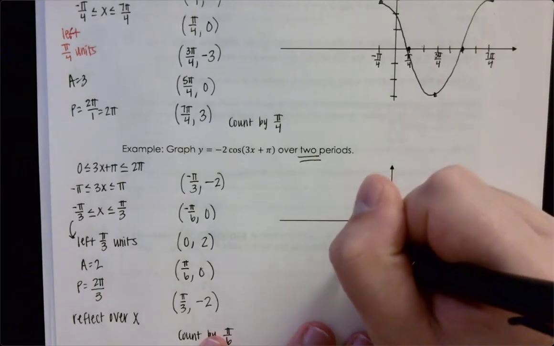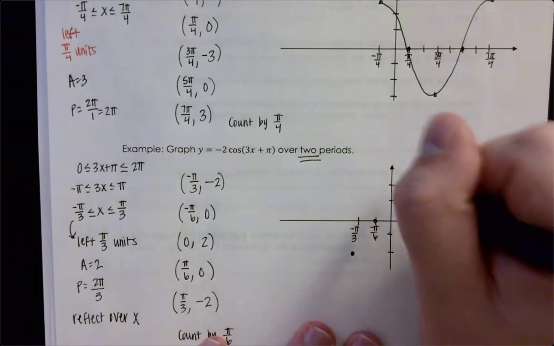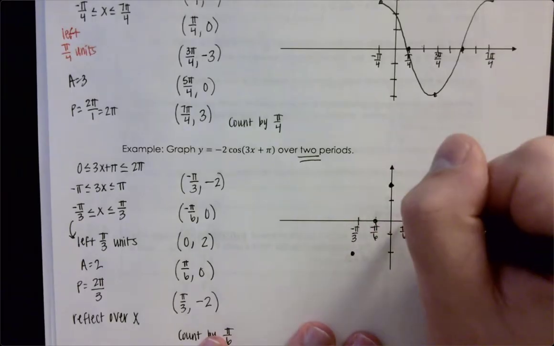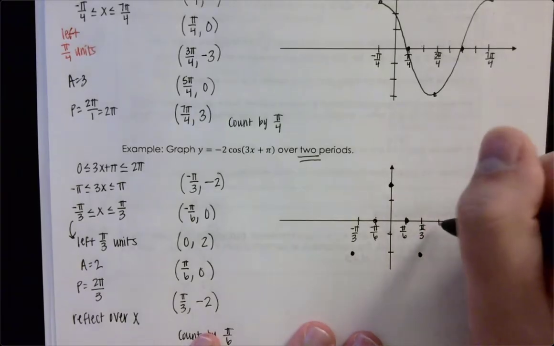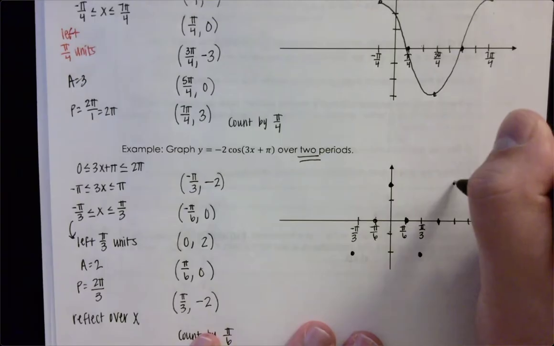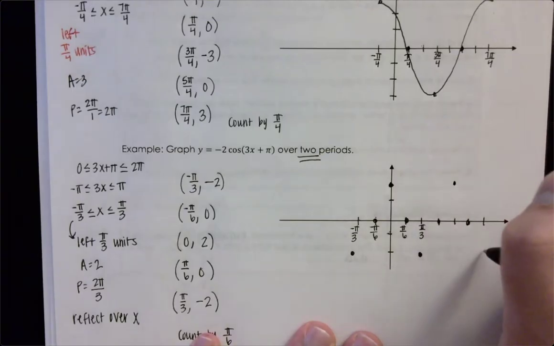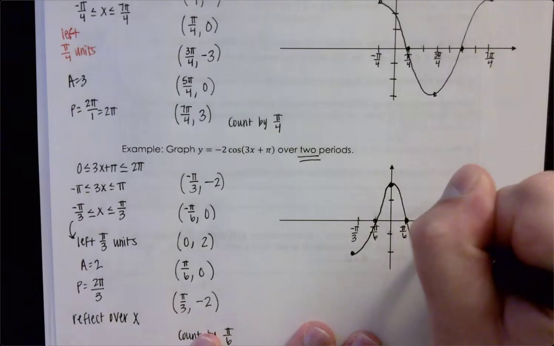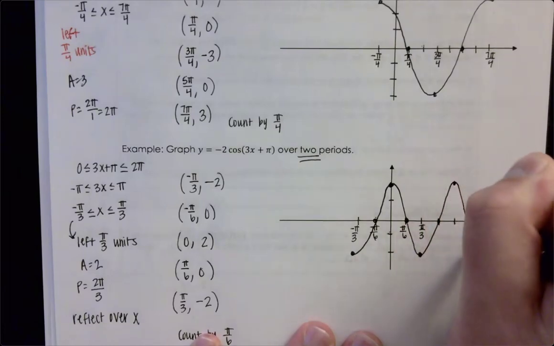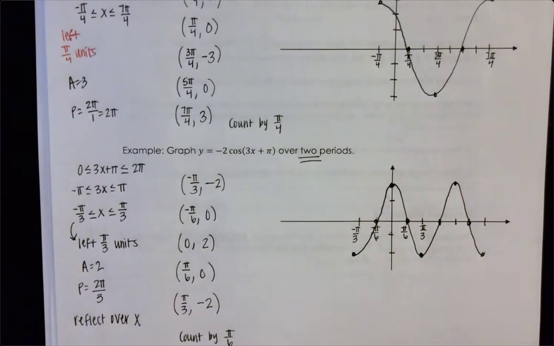Negative pi over 3, negative 2, 0, 2, 0, negative 2. Then it's going to repeat. So that would be 2 periods.